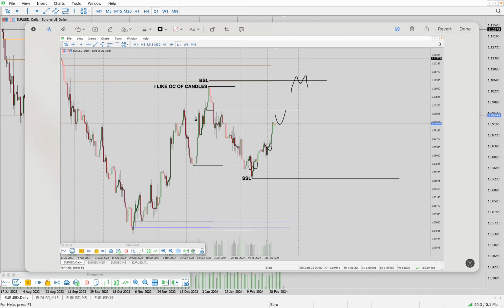Why? If I were to use a line chart, this price action doesn't exist. The wicks, I've said this before. Right? So I like the candles, the opens and the closes of the candles.